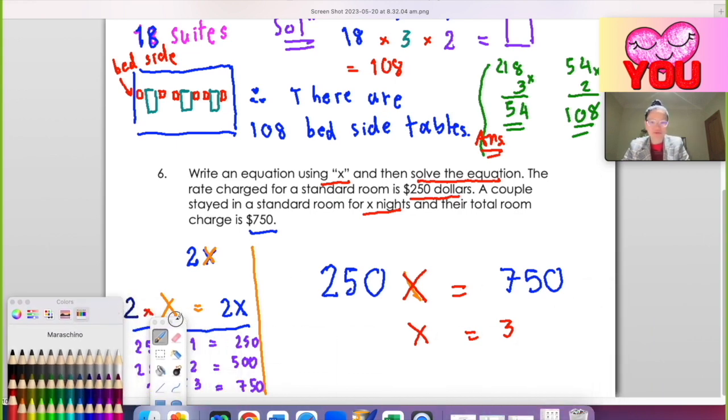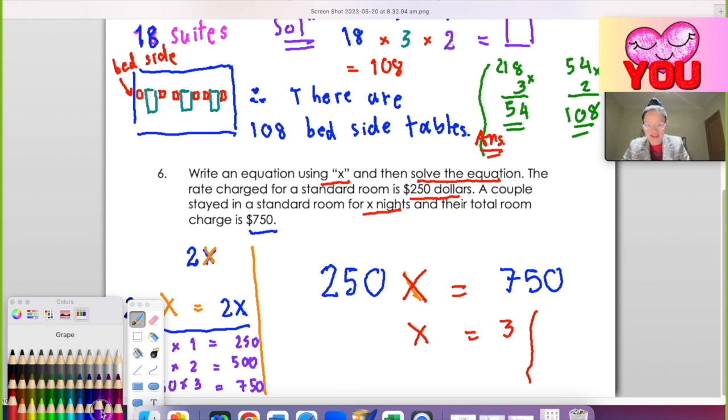Actually, you could solve the equation like this: 250x. Guys, have you learned about solving equations in this way? I'll teach you later because you haven't learned about it yet. Okay?